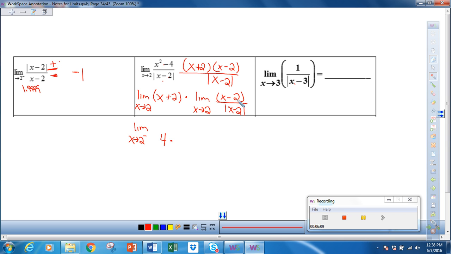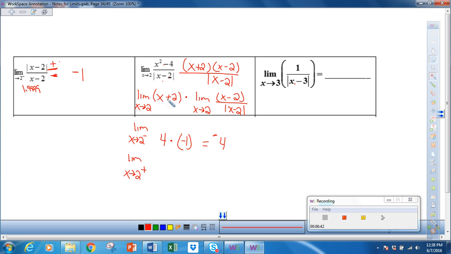So 1.999 minus 2 is going to be negative, but the bottom is always positive, so this is going to give me a negative 1. So the limit as x approaches 2 from the left would be negative 4. Then I have to take the limit as x approaches 2 from the right.